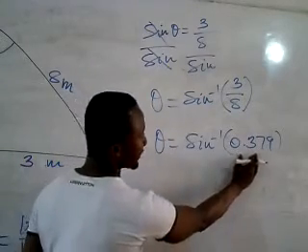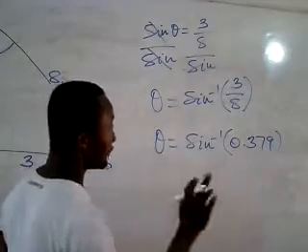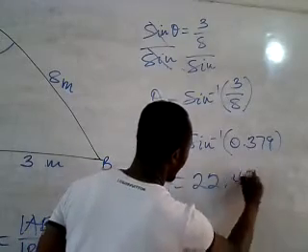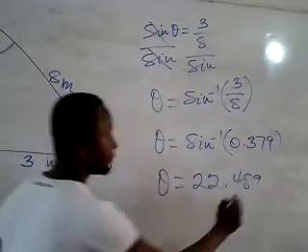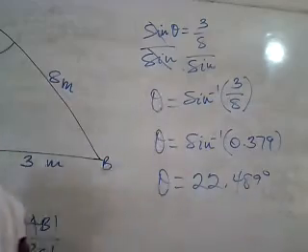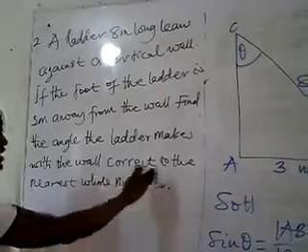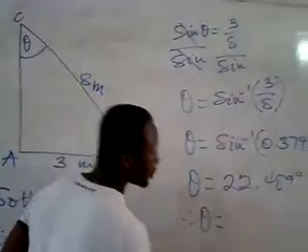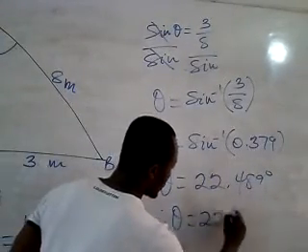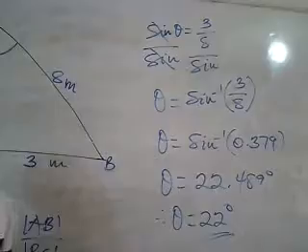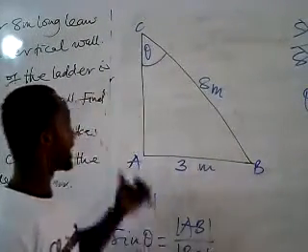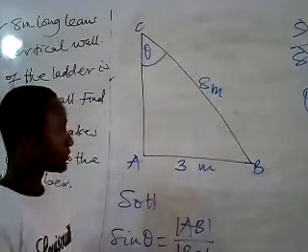Then the value will give you theta equal to 22.489 degrees. But from the question, we were asked to write it to the nearest whole number. So you can say that, therefore, theta will be equal to 22 degrees. That is the value for the angle the ladder makes with the wall.